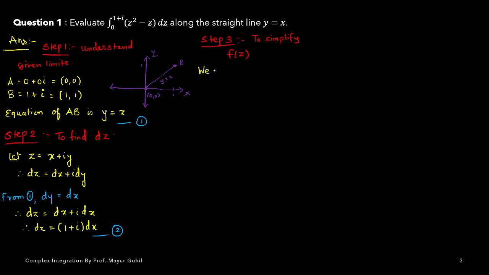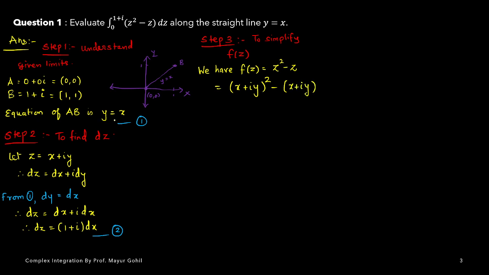We have f of z equals z squared minus z. Now how to handle this? We already know that z is equal to x plus iy. So you substitute here x plus iy the whole squared, minus x plus iy.